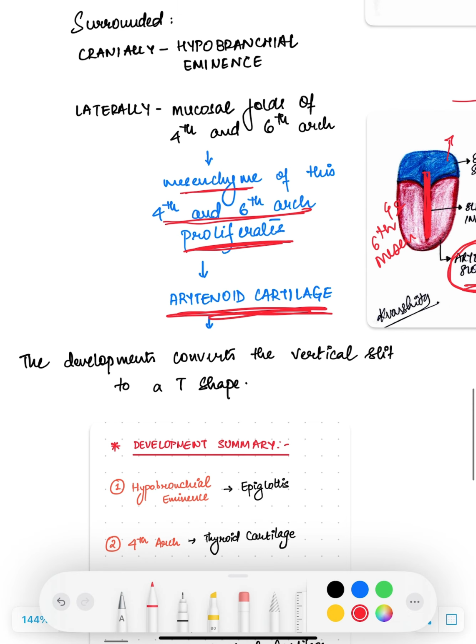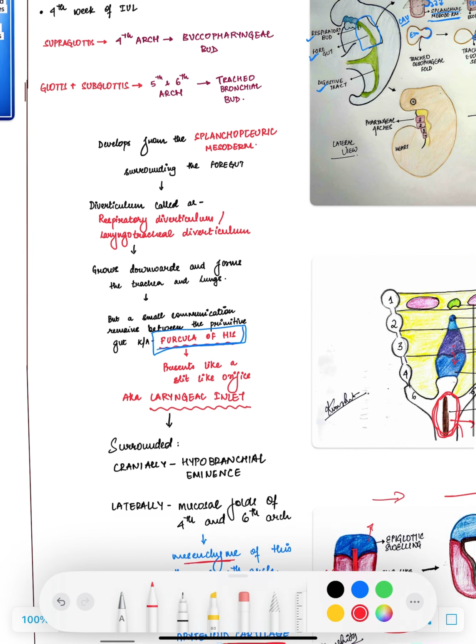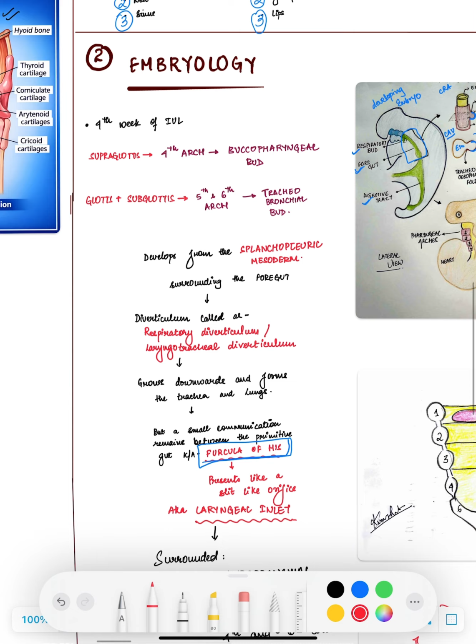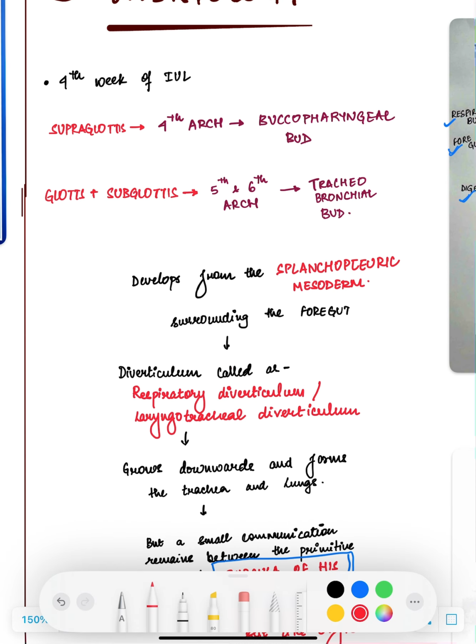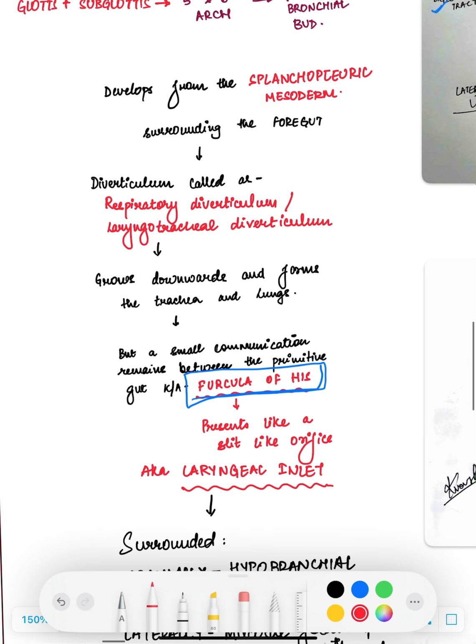Okay, so I'm just quickly going through whatever the whole PDF is about the embryology. So around the fourth week of intrauterine life, the development starts from the splanchnopleuric mesoderm surrounding the foregut.